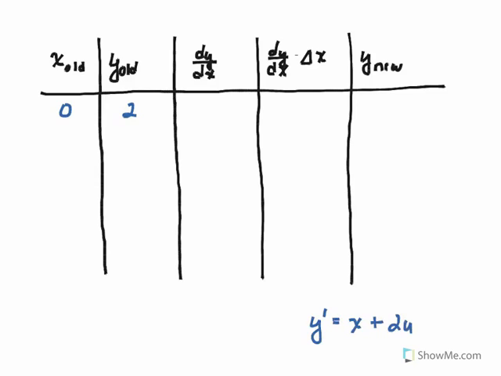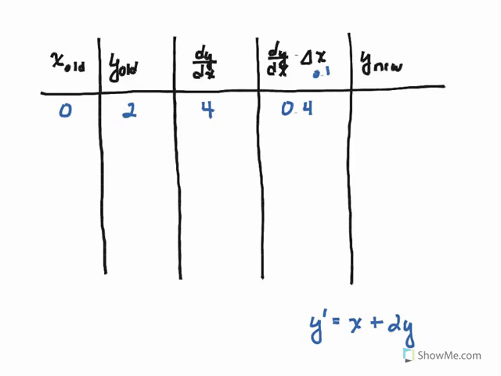And it is into that we're going to substitute these x and y values in order to get our dy dx value, our slope. So in this case, we get 4 for our slope. Now we need to do that slope value times our delta x. Remember, in this case, our delta x was given to be 0.1. So we have 4 times 0.1, which gives us 0.4.